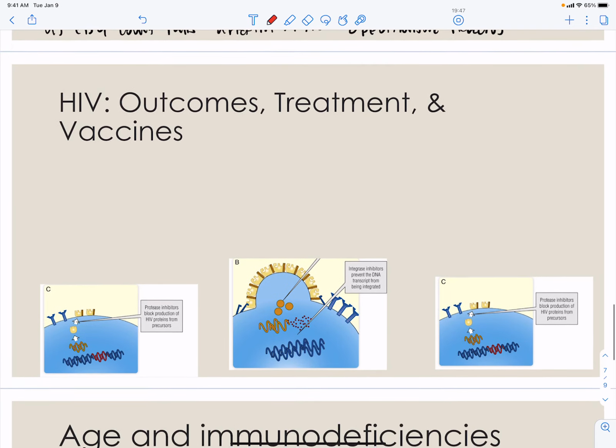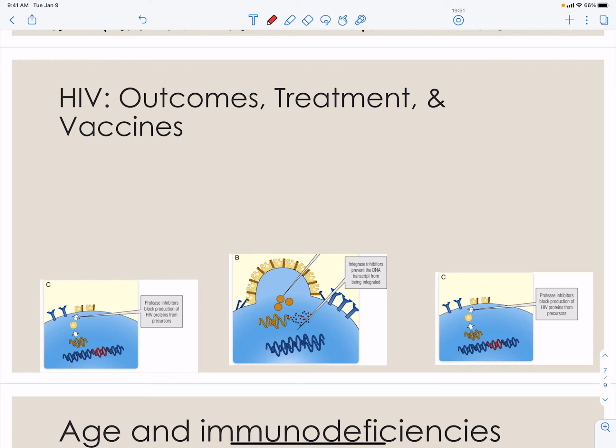Now, with respect to HIV outcomes, one thing to keep in mind is there is no cure. It is a chronic manageable illness. That is almost 100% preventable.